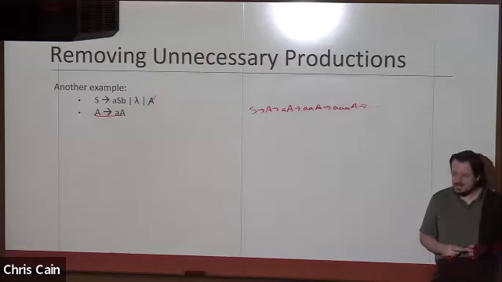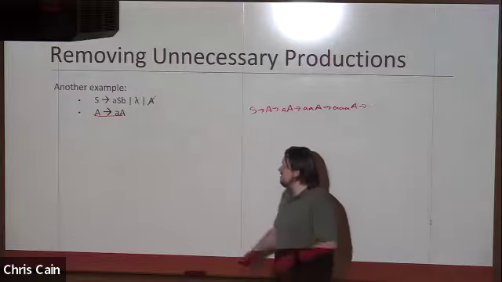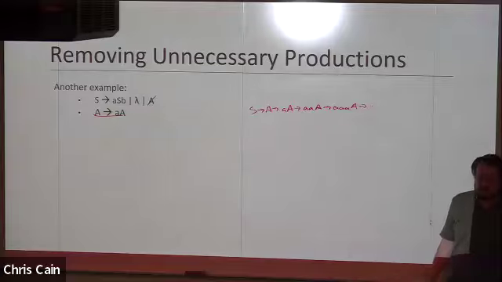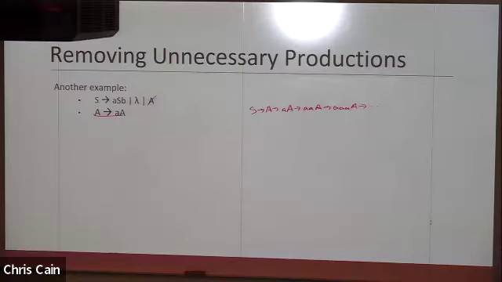Yes, it does. There are no strings in this language that went through this process, because we would have gotten into this infinite loop. So there was a useless production in this grammar.